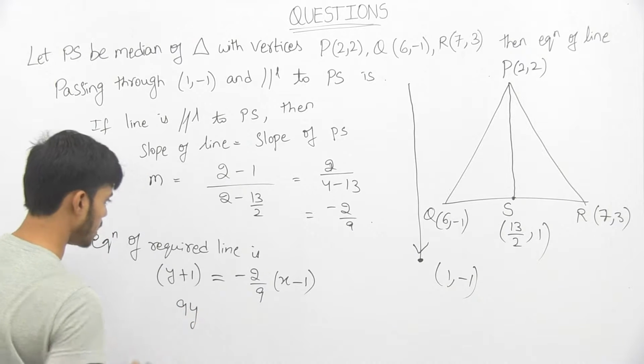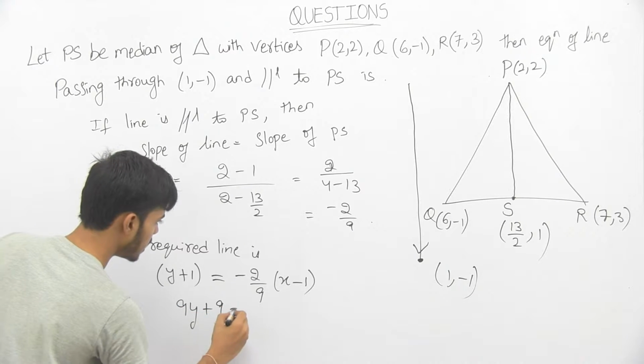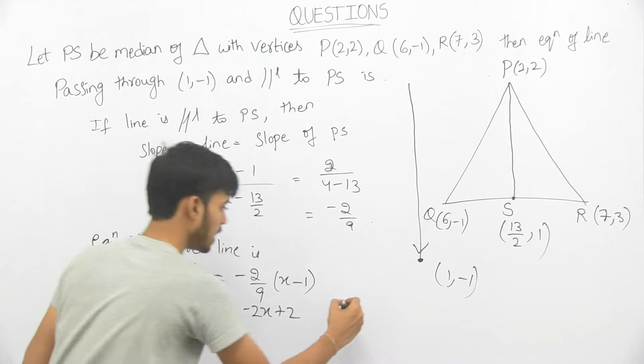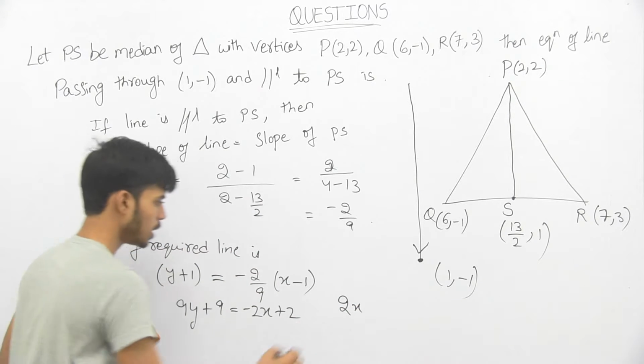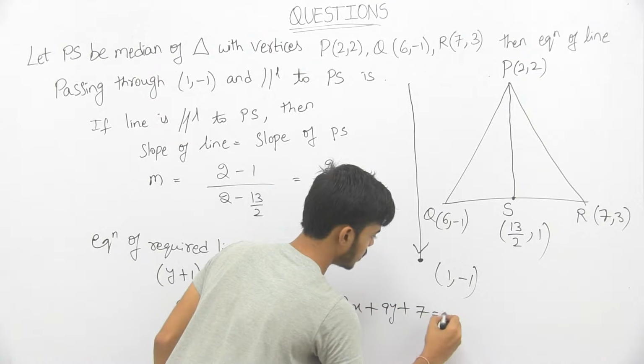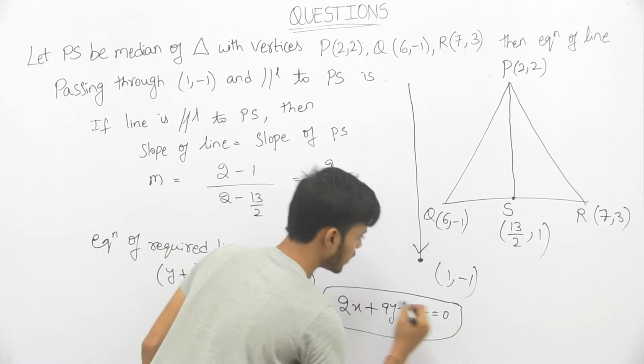Simplifying this हमें मिलेगा 9y plus 9 इज इक्वल्स टू -2x प्लस 2. तो एक्स वाई टर्म्स को एक साइड ला लें, ये हो गया 2x प्लस 9y एंड प्लस 7 इज इक्वल्स टू 0. सो दिस इज द इक्वेशन ऑफ द रिक्वायर्ड लाइन.